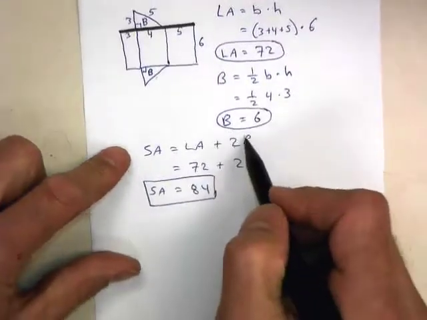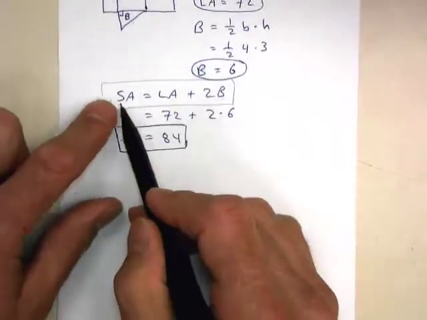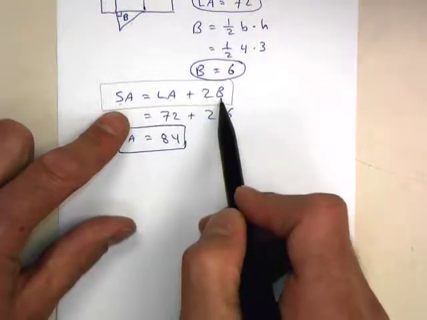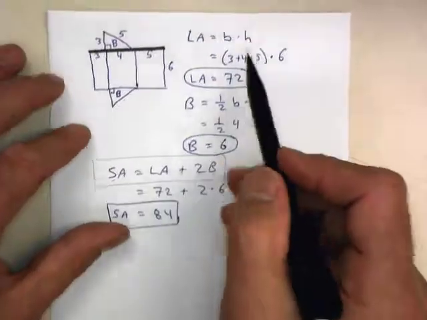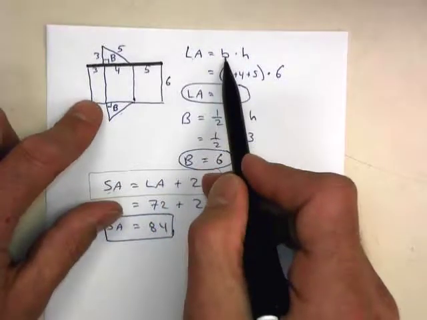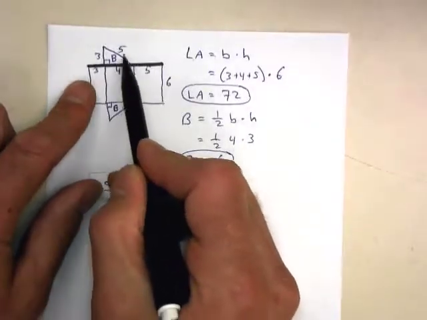So my equation that I'm going to use, since it's a prism, is surface area equals lateral area plus 2 times the base. And let's find these separately. So to find the lateral area, I multiply the base, in this case, you could think of it as the perimeter around the triangle.